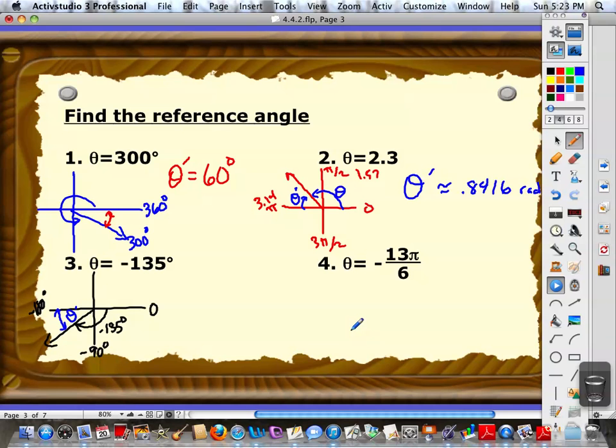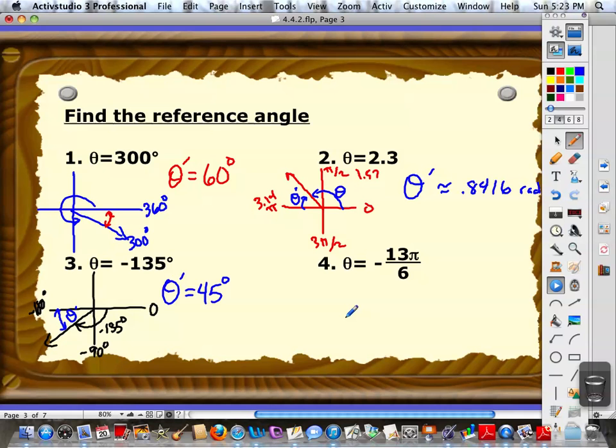How far is it from negative 135 to negative 180? If you figure out the difference, you'll find that theta prime is 45 degrees. So everything I need to know about negative 135 degrees, I can find from 45 degrees, and then just remember what quadrant I'm in. Since I'm in the third quadrant, I know that all of my sine and cosine values would have to be negative.